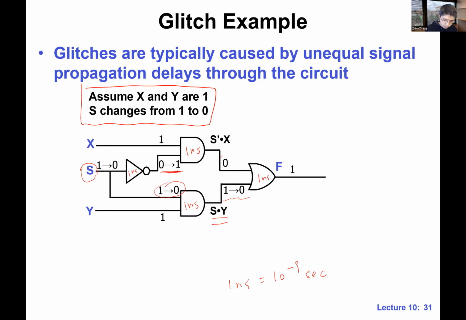So first the inverter makes changes from 1 to 0 to 1 over here. Basically we are looking at time 2, which really means the second nanosecond. So these are the values. Any questions so far?